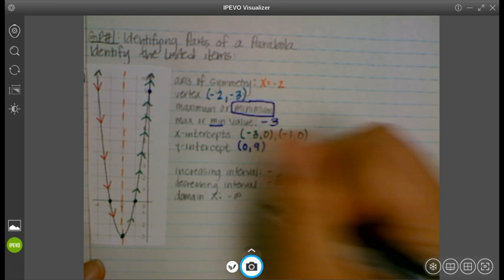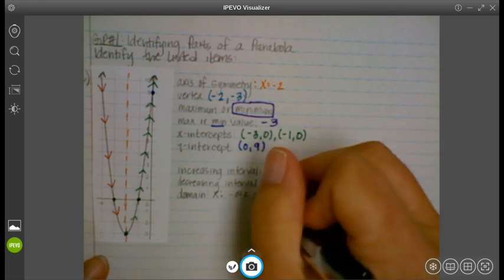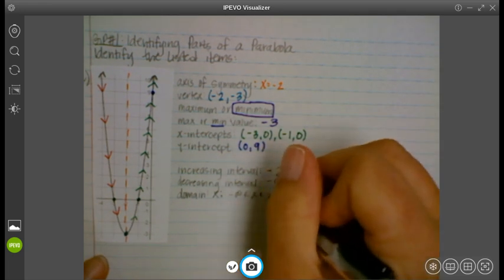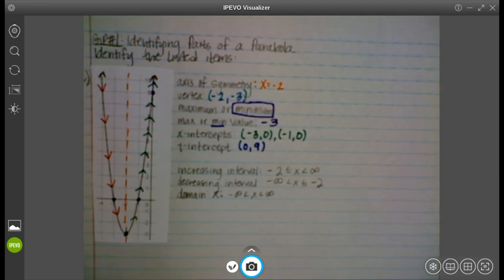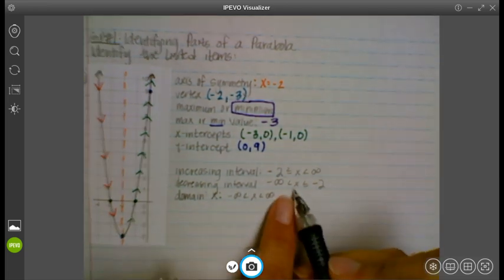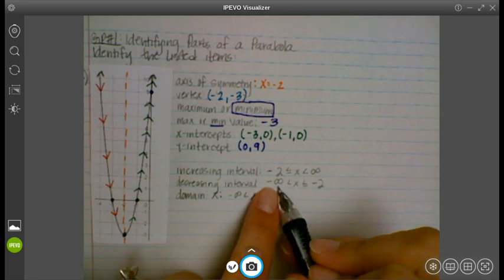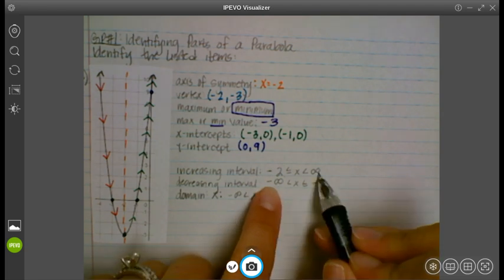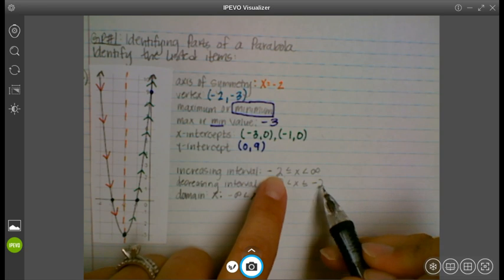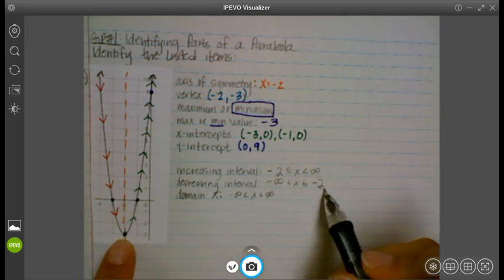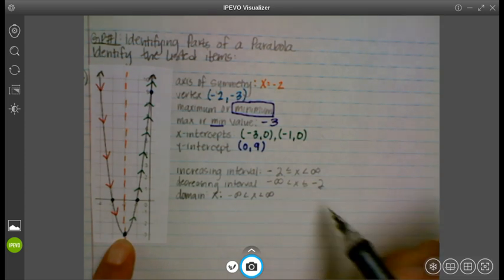So negative infinity is less than x is less than positive infinity. Take a look at our intervals here: our intervals are from negative infinity to positive infinity, but we cut the domain at the axis of symmetry. And that's going to happen every time.